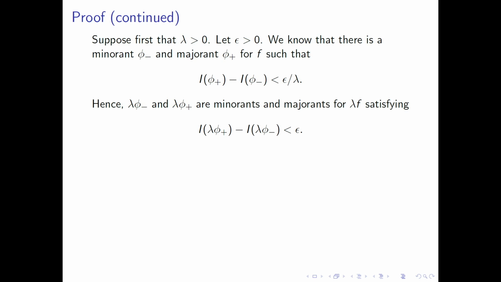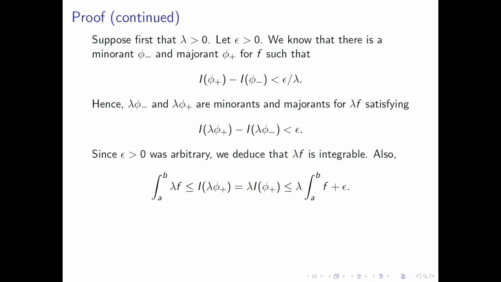Because lambda is positive, they stay as a minorant and majorant for lambda times f. Their integrals just scale by lambda, so the difference of their integrals is less than epsilon. Since epsilon was arbitrary, that shows that lambda times f is indeed integrable. Someone's given me an epsilon and I've found a majorant and a minorant whose integrals differ by less than epsilon.